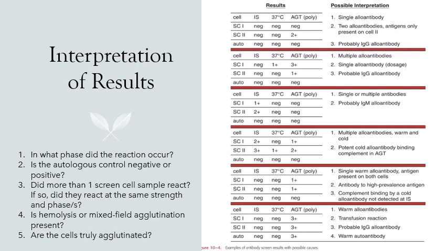Number 3, it does not interfere in the AHG phase because of the washing step prior to addition of AHG reagent. And number 4, it disperses when added with 1 to 3 drops of saline in the tube method.